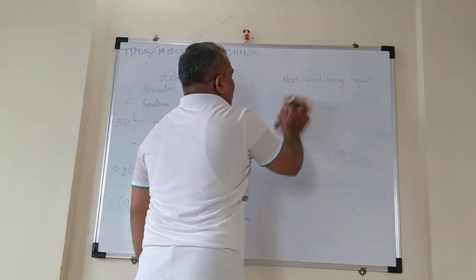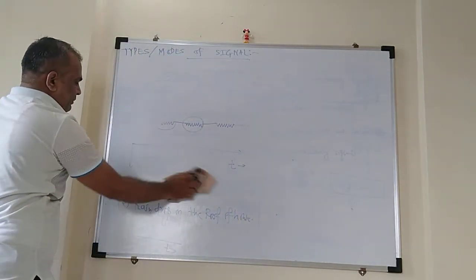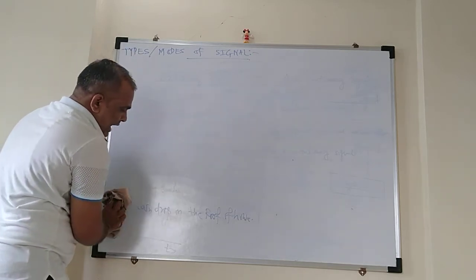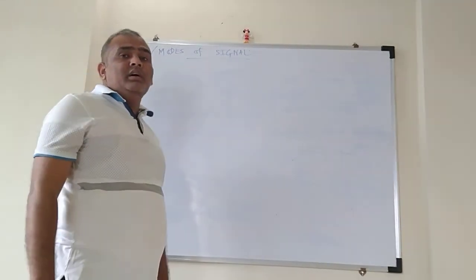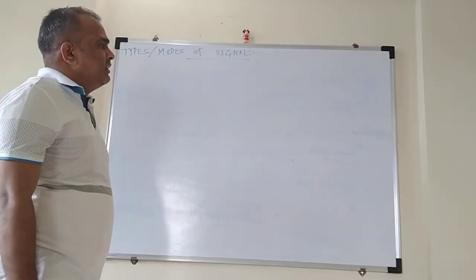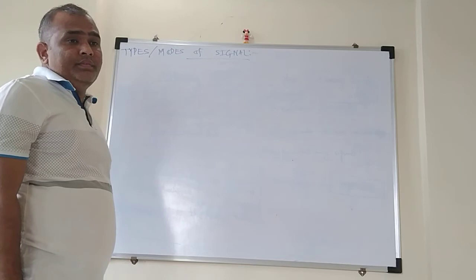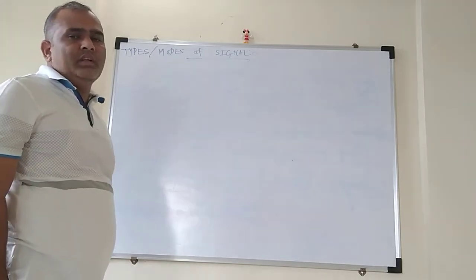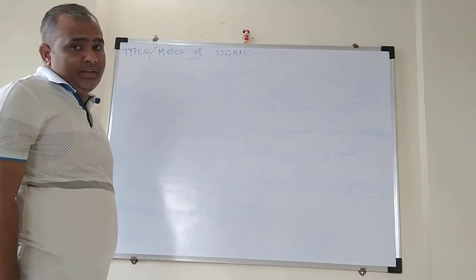A signal is called a dynamic signal if it gives you an abrupt variation with respect to an independent variable, whereas a static signal is a signal which doesn't give you any abrupt or random variation, or the signal is constant with respect to a time variable. That is called a static signal.